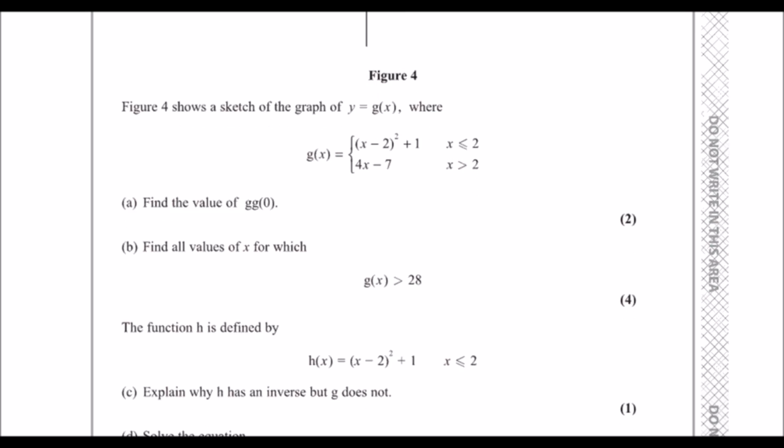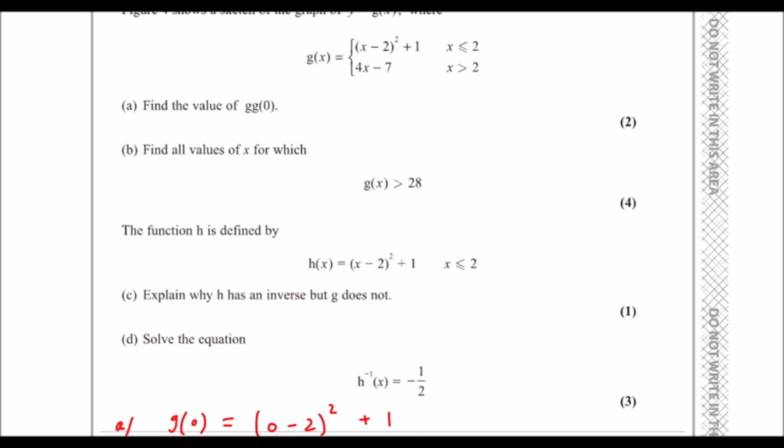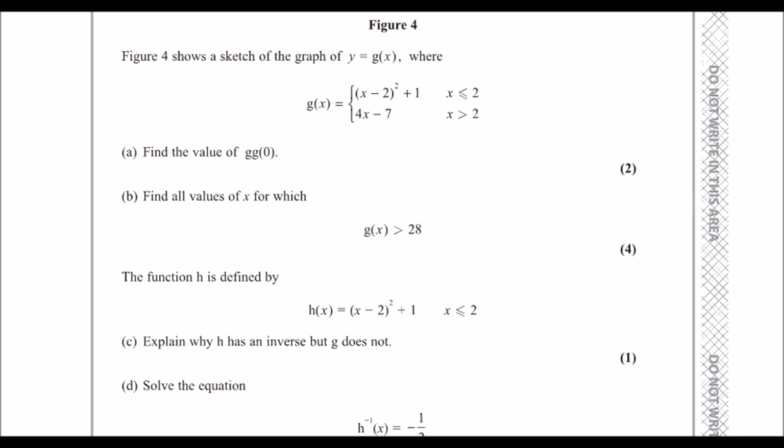There is a part C. So function h is defined by h of x equals x minus 2 squared plus 1, where x is less than or equal to 2. So it's the same as this part of g of x. Explain why h has an inverse but g does not.